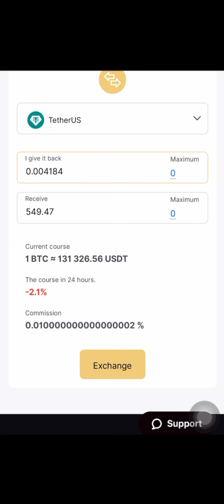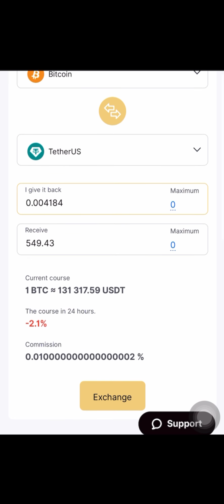So one thing about arbitrage is that the higher your capital, the higher the profit. So if I'm using $500 to do it, I'll be getting 549. So if I deduct 13 from it, I'll be making how many? 536.